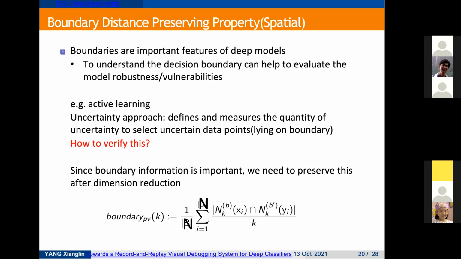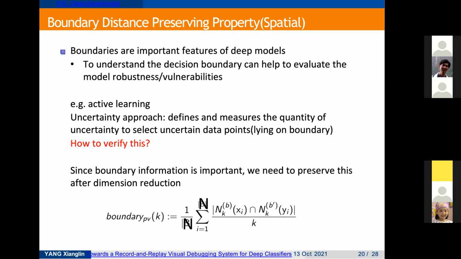But you could probably ask, are the samples selected by some strategy lying on decision boundaries or not? Or are they at least close to decision boundaries? How do you verify this? Since this is very important, we need to preserve the boundary information after dimension reduction.